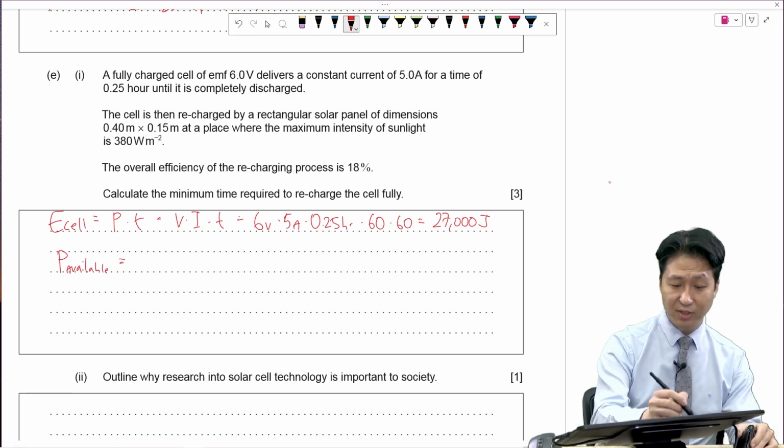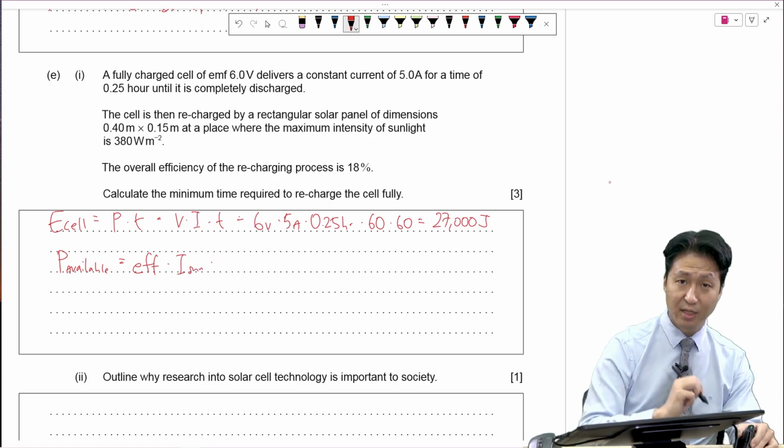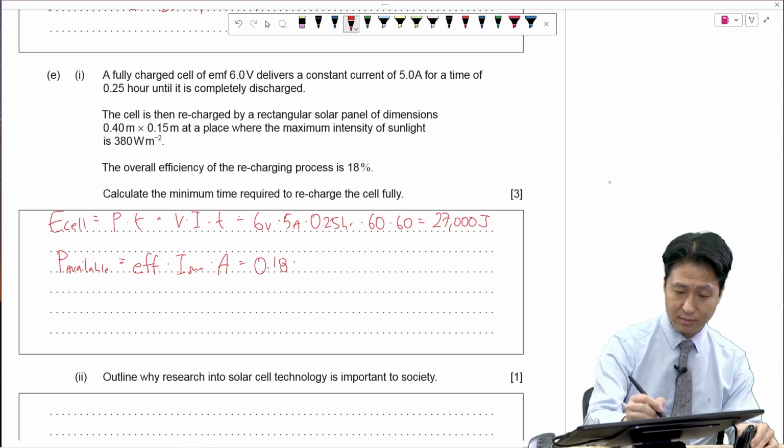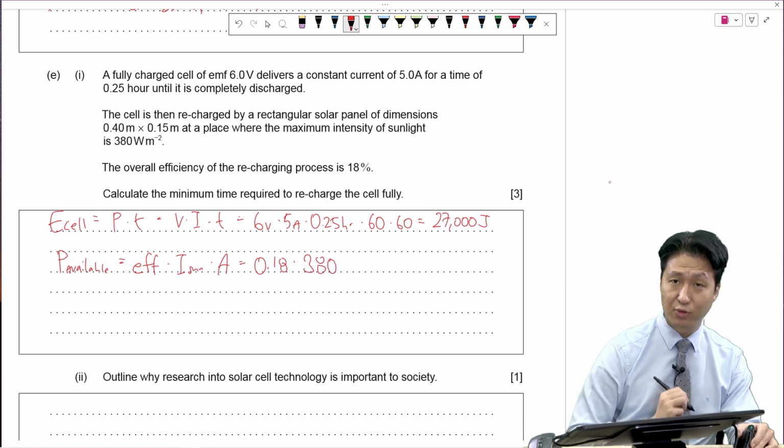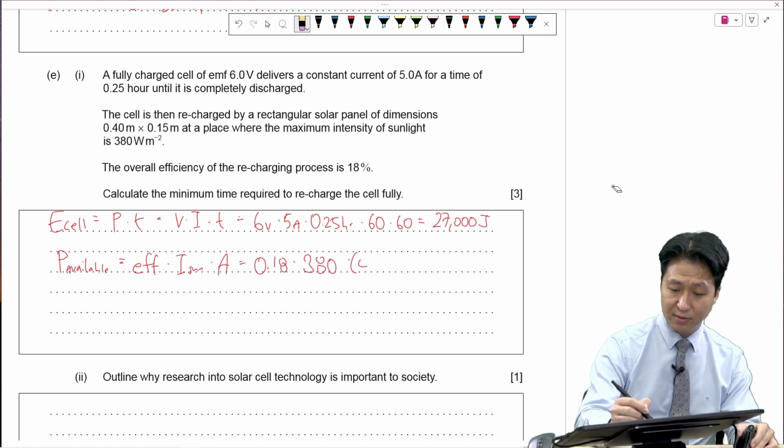Which is the efficiency multiplied by the intensity of the sun and multiplied by the area. The efficiency is taken to be 18%, so 0.18, times the intensity of 380 watts per square meter, and times the area of 0.4 times 0.15 meters.